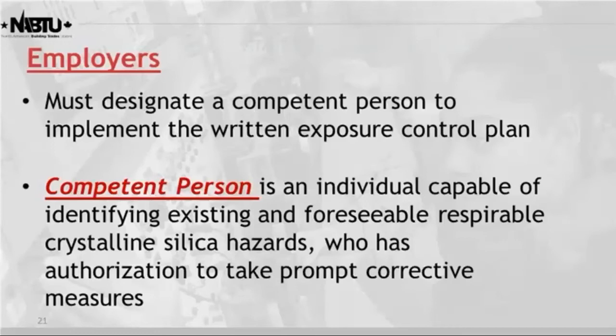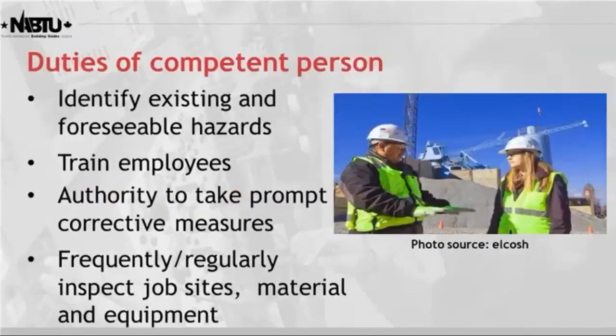So again, it's an individual capable of identifying existing and foreseeable respirable hazards, and they must have full authority to take corrective action. Okay? Some of the duties that a competent person must do is not only identify existing and foreseeable hazards. What do I mean by that?